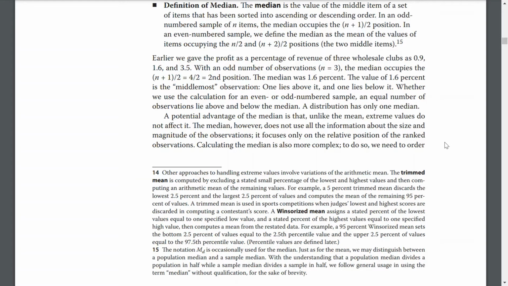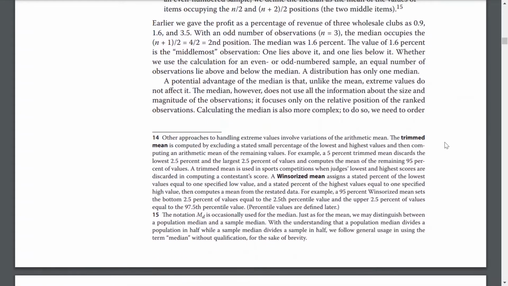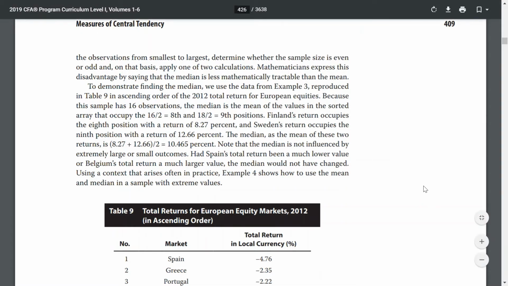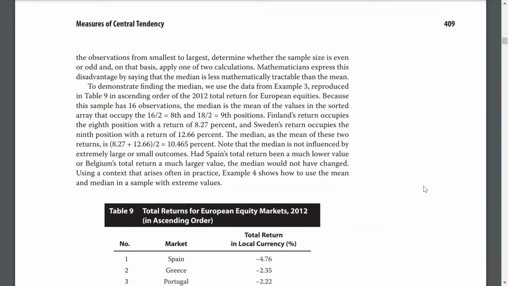Calculating the median is also more complex. We need to order the observations from smallest to largest, determine whether the sample size is even or odd, and on that basis apply one of two calculations.